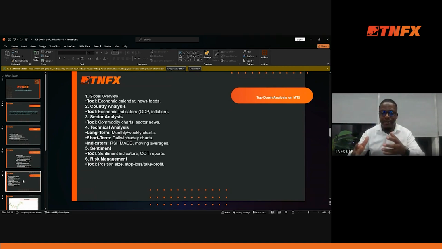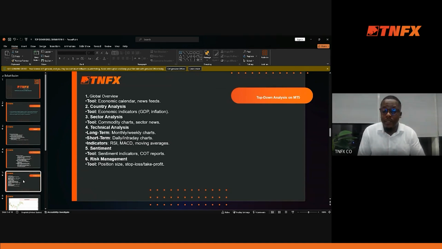Because with your top down analysis, it's from your monthly, you go down, you analyze nicely using your trend lines, you're putting a zone within a zone. Let's say, for instance, you have your major support and your major resistance. You'll have your minor support and your minor resistance. The main reason for you to follow the procedure of the analysis is for you to identify the trend of the market.